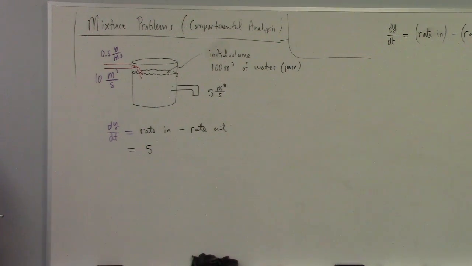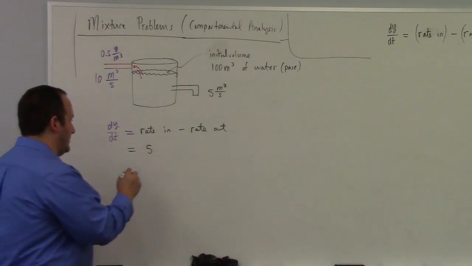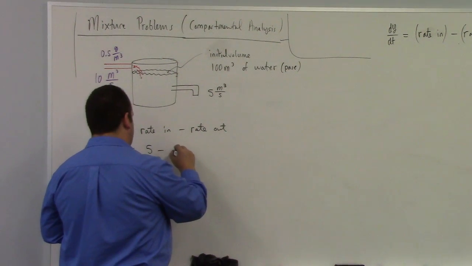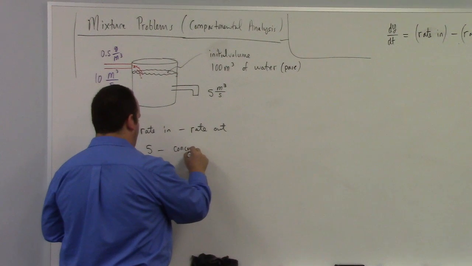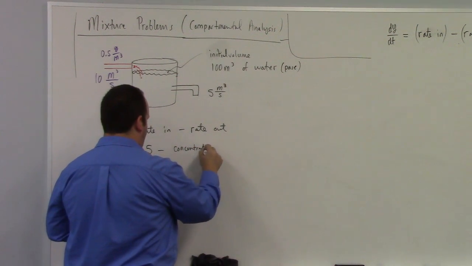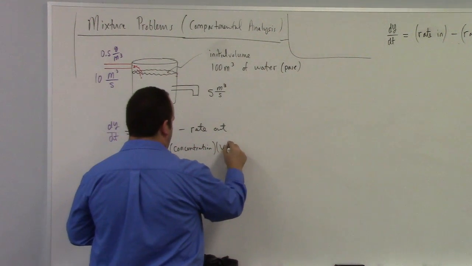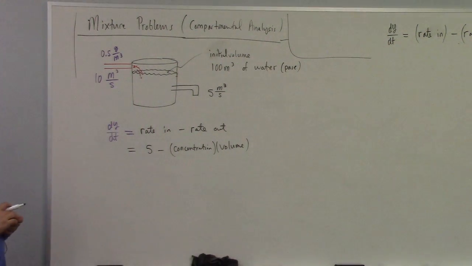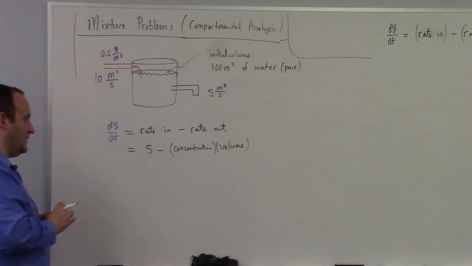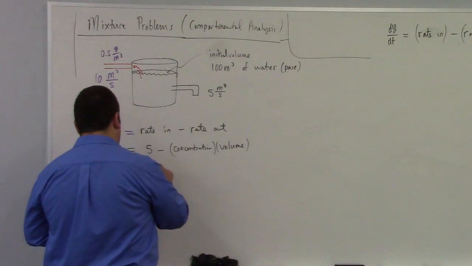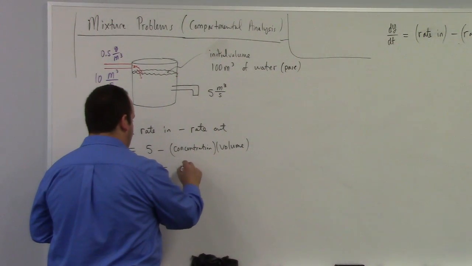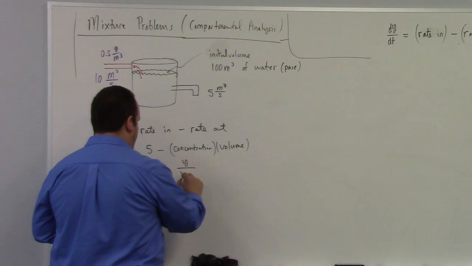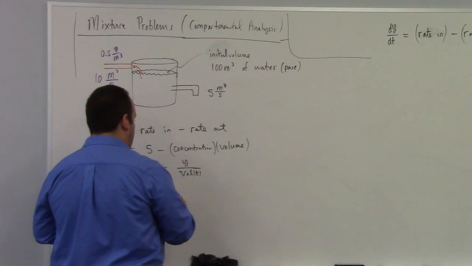But what about the rate out? What I need is the concentration times the flow rate at time t. So here's a kind of model of it, the concentration would be y over the volume at time t.